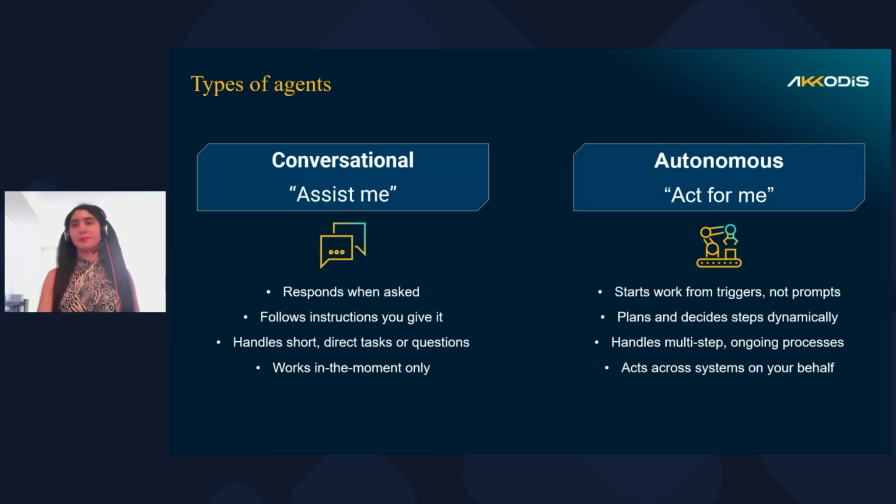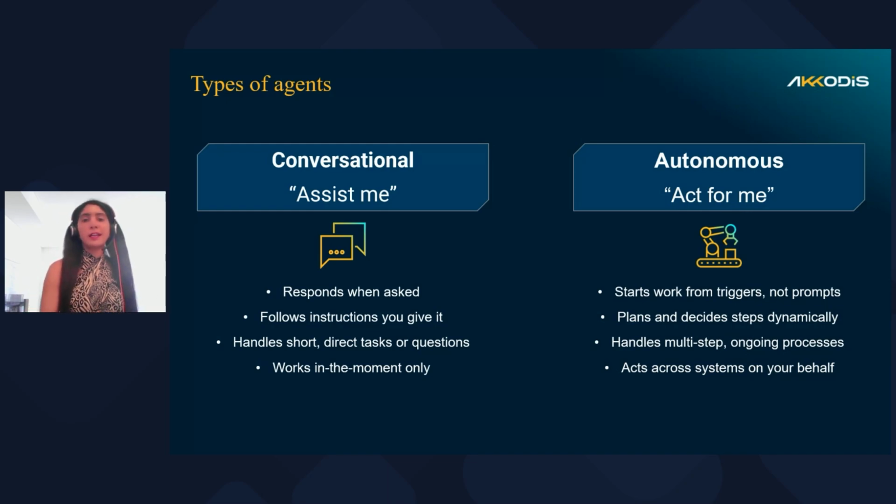When we hear the word agent, the first thing that comes to mind is usually that conversational agent. You might be on a website getting some customer support, or you're about to make a booking for an appointment that you have. When we think about agents, there are two sides. You've got a conversational agent and the other type, which is your autonomous one.